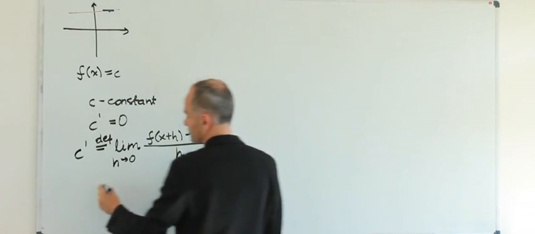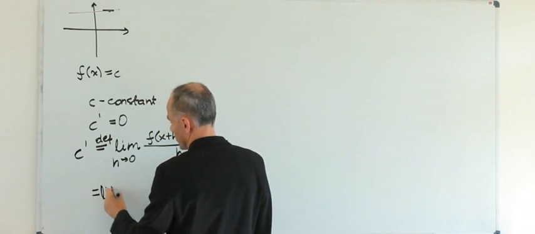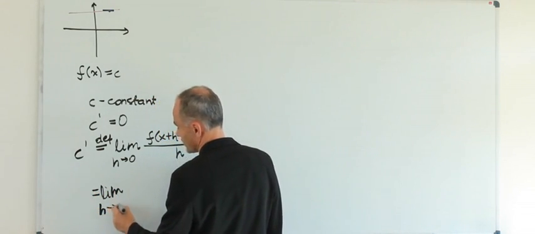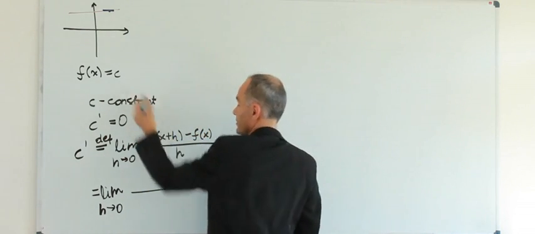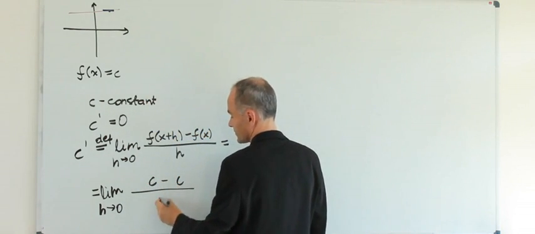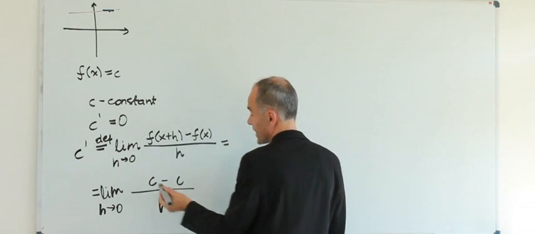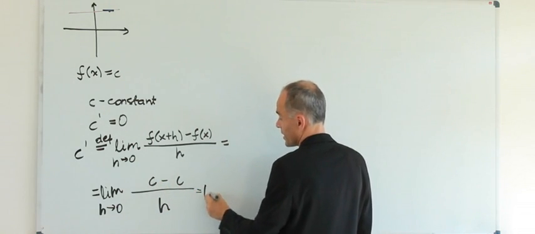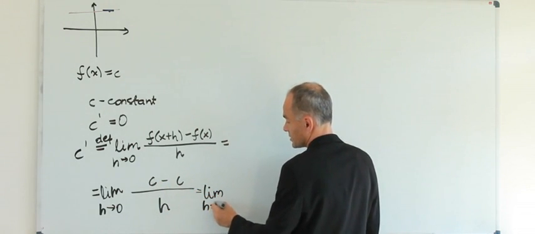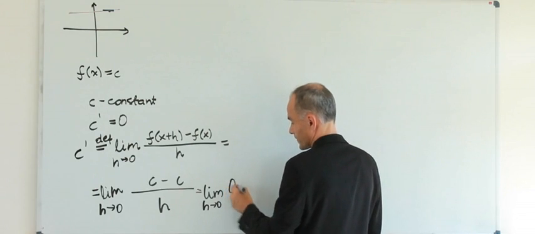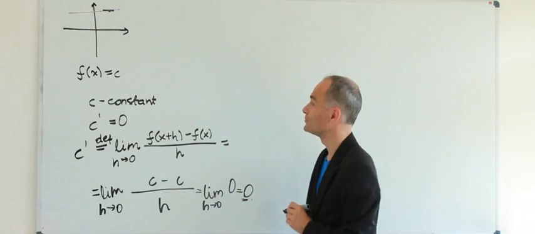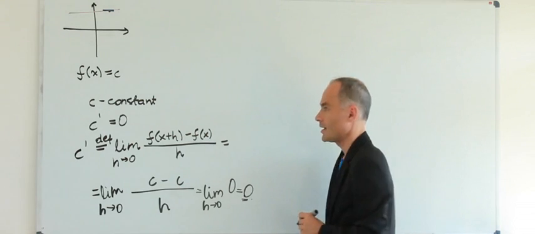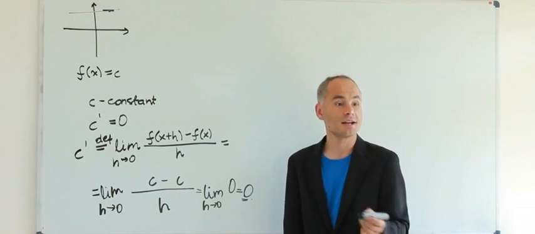So what we get here is, f of x plus h, f of anything will be c. So we have 0 over h, which is 0, and the limit of 0 is 0. So that concludes our proof. The derivative of any constant is always 0.